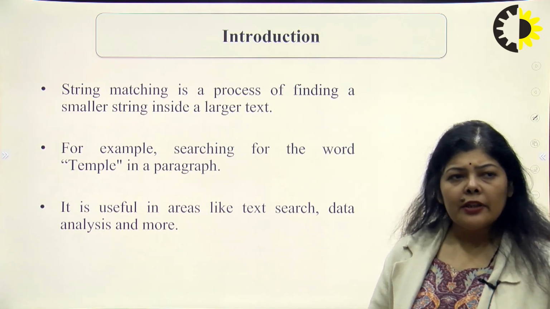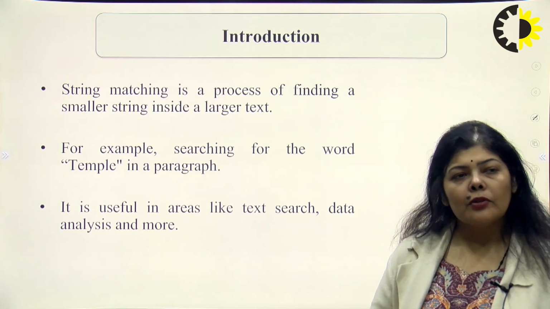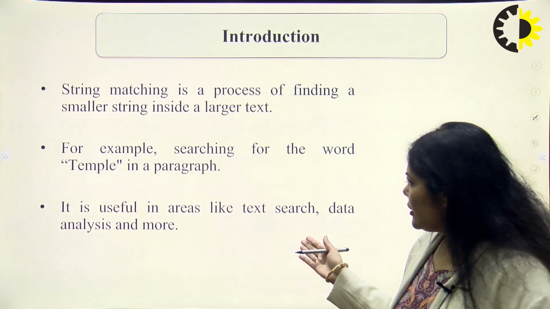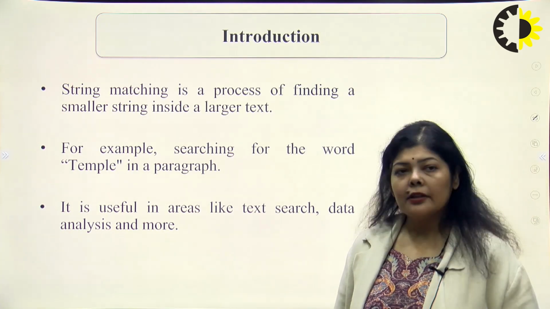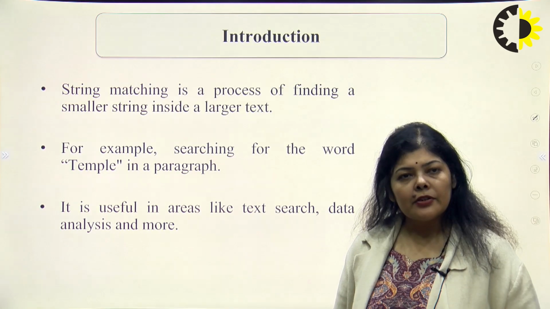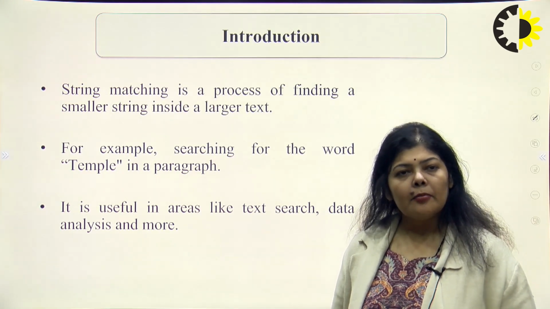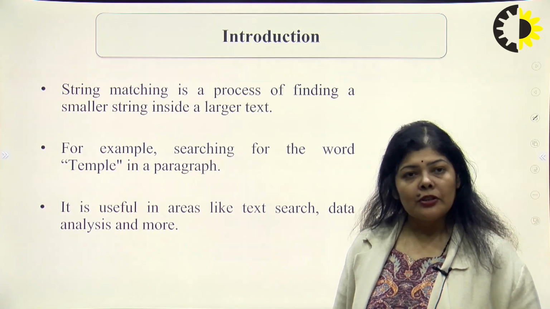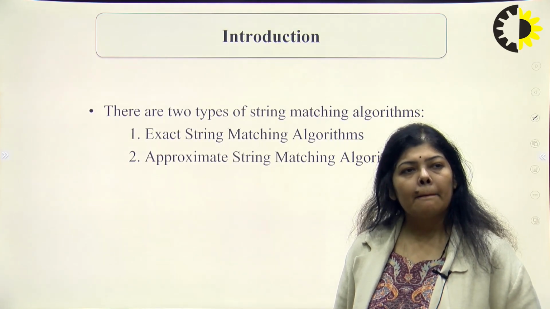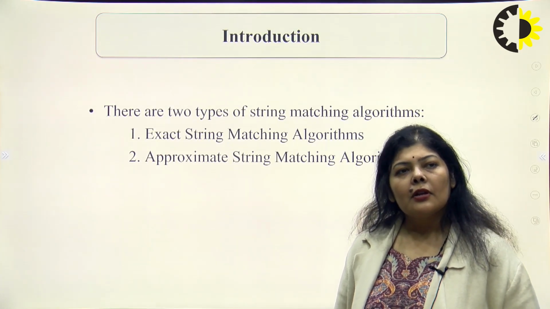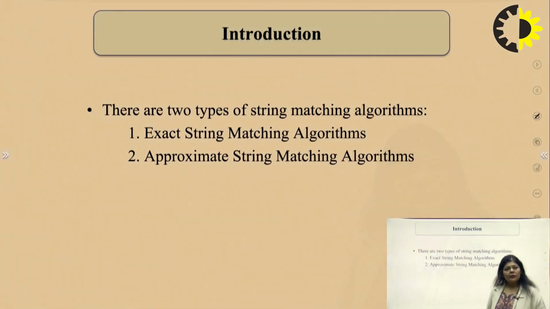The application areas where string matching is used are, for example, text search, data analysis, and many other applications where we can utilize this type of string matching algorithm. When we talk about the different types of string matching algorithms, the algorithm can be designed based on two aspects. The first one is when we are designing an algorithm that exactly matches the pattern with the given data.